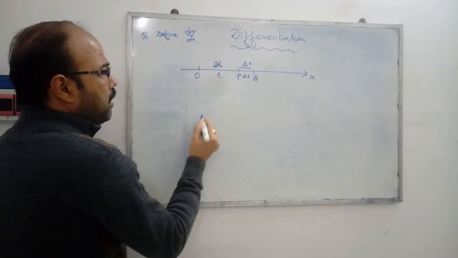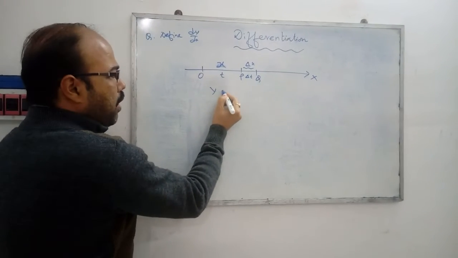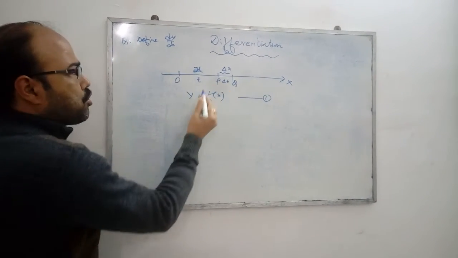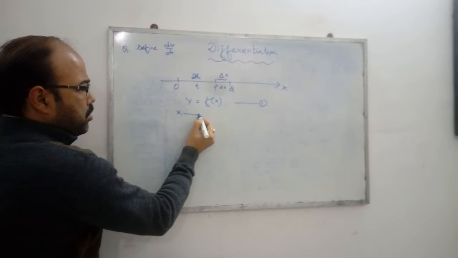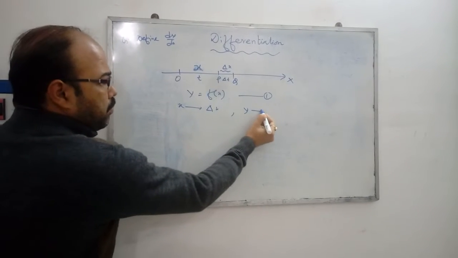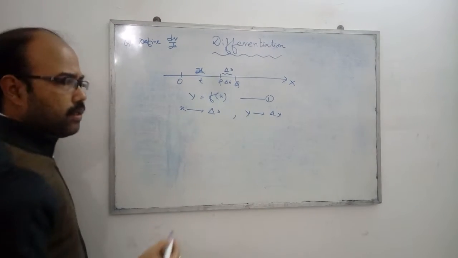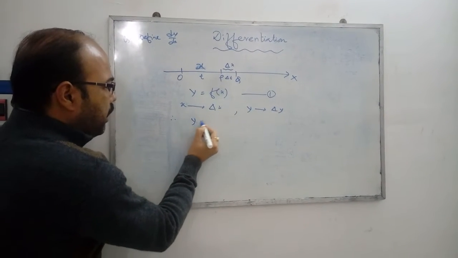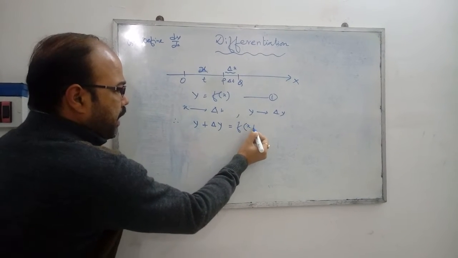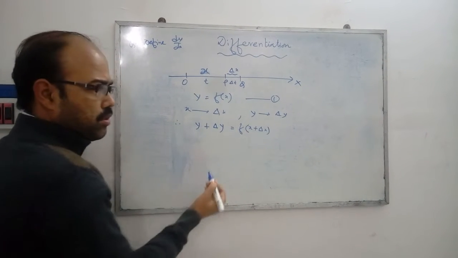Now let the function be y equals f of x. For a small increment delta x in x, let the increment of y be delta y. Now y plus delta y is equal to f of x plus delta x.